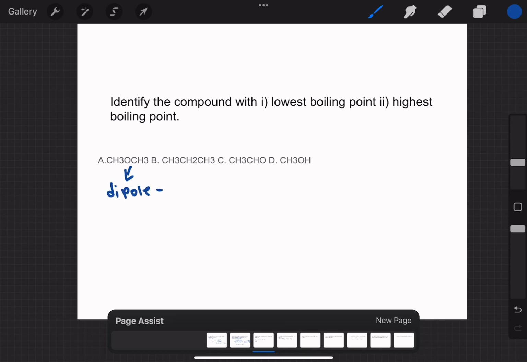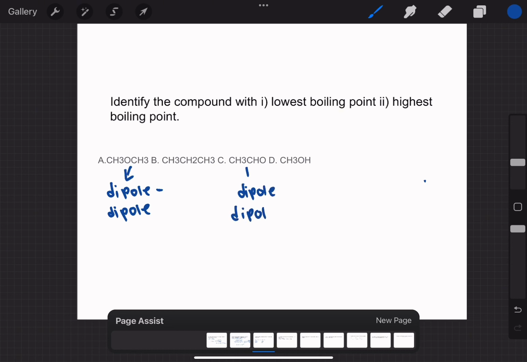Okay, so your first one is dipole. If I'm correct, your second one, your third one should also be dipole.